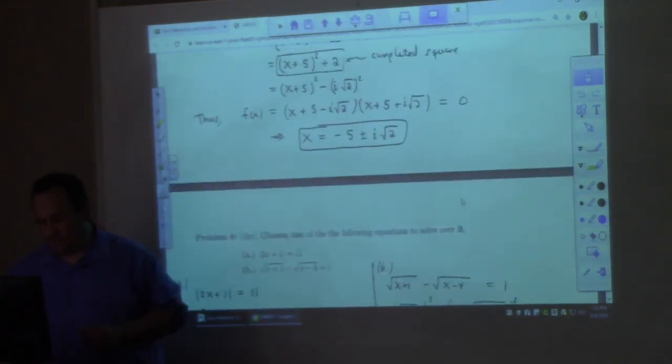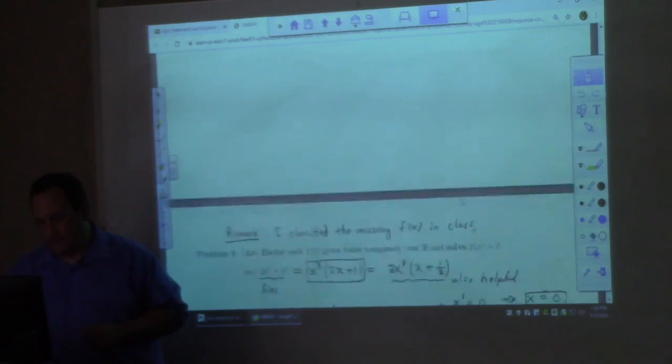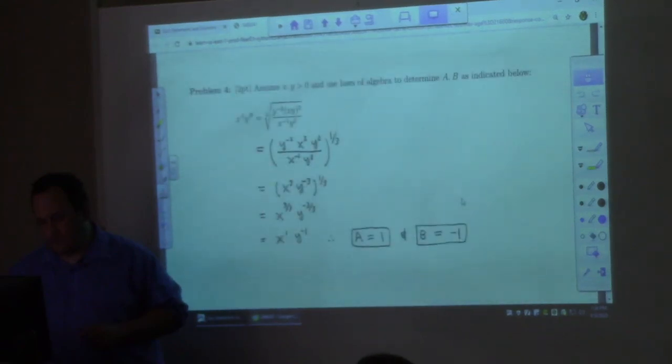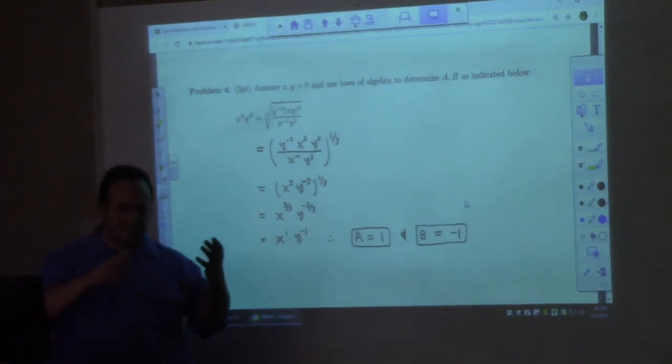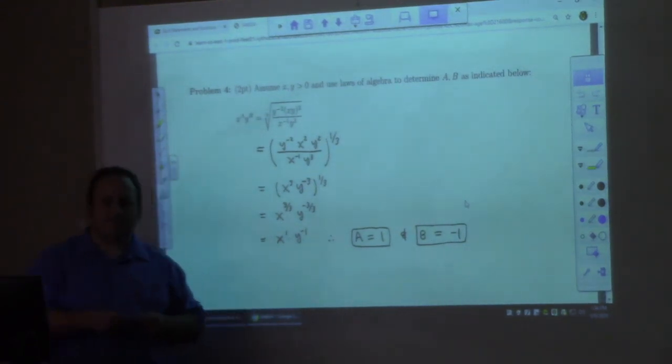And I hope you guys have noticed that, the dreaded, how did you guys fare on this one? The other section had a lot of trouble with this one. Do not give up on this problem. This is a skill you need to master. Everybody can get this one right. Just got to be methodical and like take it step at a time.